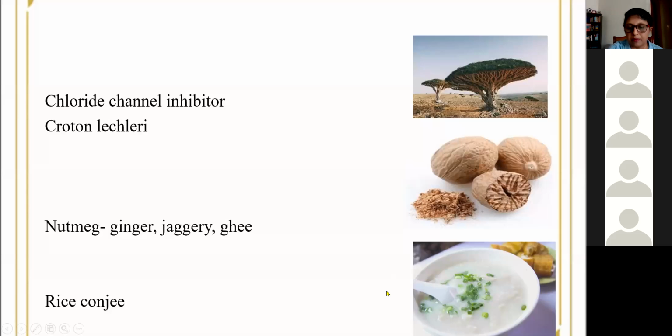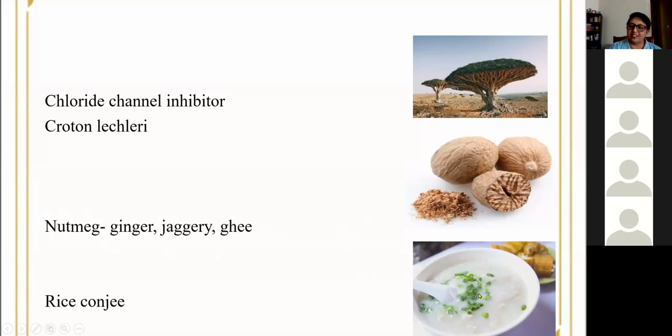Nutmeg. Ah, nutmeg. What is the Malayalam name for nutmeg? Jadika. Yes, very good. So the homemade preparation is the combination of nutmeg with ginger, jaggery and ghee. This mixture is very good for simple diarrhea.